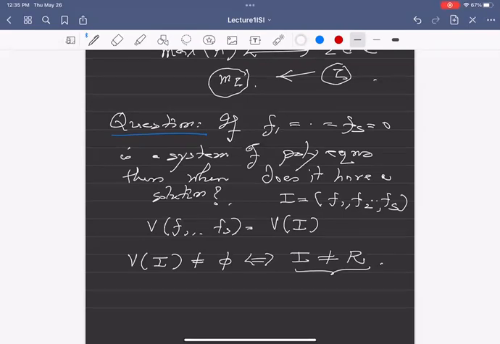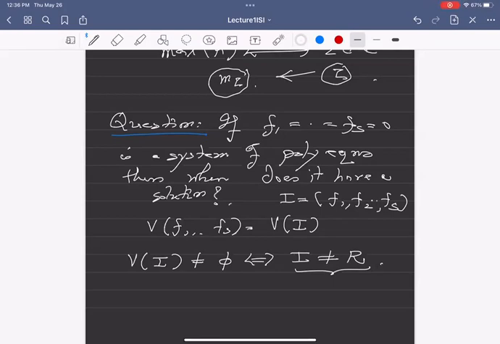I start with a system of polynomial equations and take the ideal generated by those polynomials. The set of common solutions doesn't change if I look at the set of common solutions of the polynomials in the ideal generated by F1 up to Fs. I have enlarged my system to an infinite system of polynomial equations. Suppose that ideal is the entire ring; I want to say that there are no common solutions.